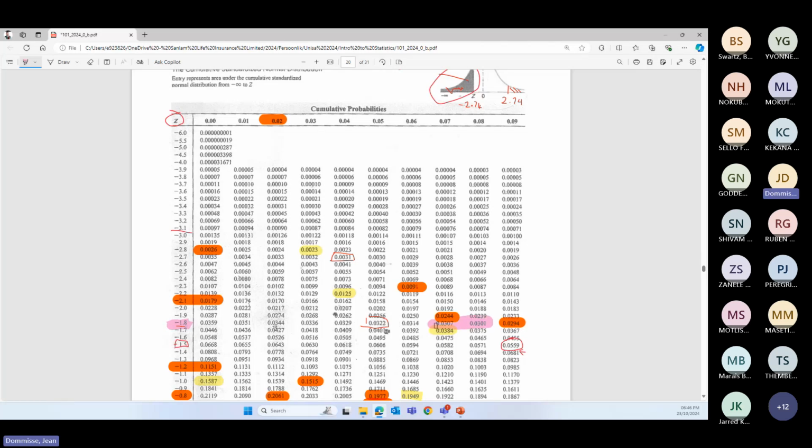So we need to be between those two because it's 1,87, 1,88. So we need to be in between those two. So 0.307 plus 0.0301. If we divide that by 2, we get 0,0304.